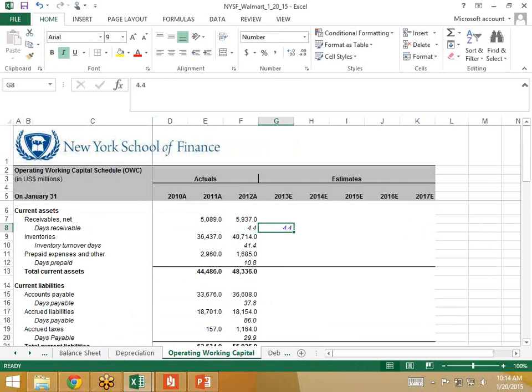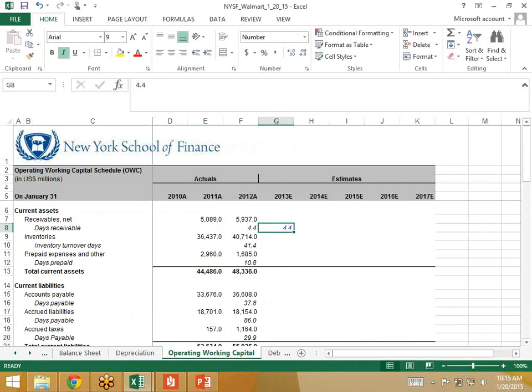So we'll just divide by 360, and that cancels. And so now we have AR divided by revenue equals days divided by 360. And we're solving for AR, so we multiply both sides by revenue. And now we have AR equals days divided by 360 times revenue. That's the formula.